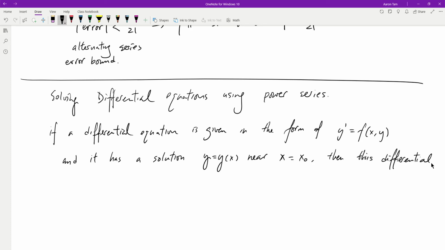And if we can do that, we'll then be able to write out a Taylor series for y of x.